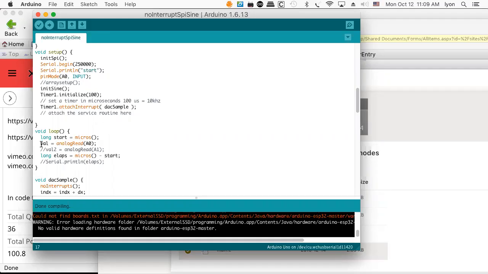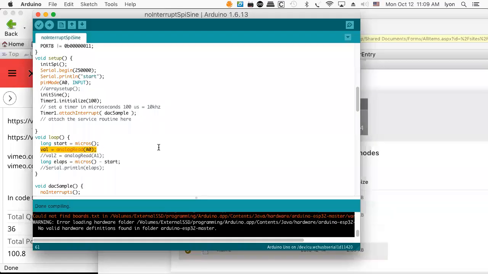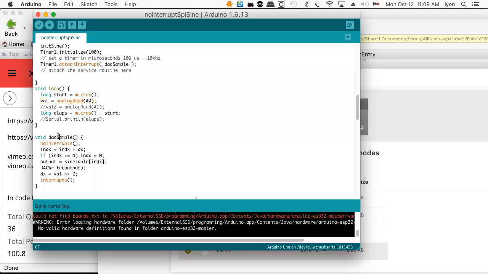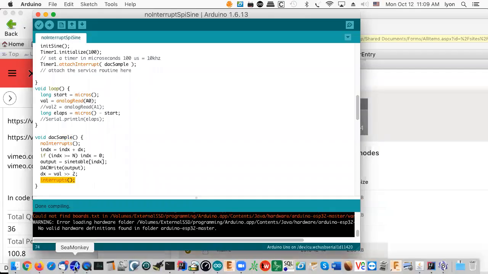That would be what analog read is reading in, right? What we're doing here is a DAC sample as part of an interrupt, and we're trying to be precise about the frequency of the sampling. That's the goal in all of this. And after the DAC sample is done, we re-enable the interrupts. That's a key element in our system.